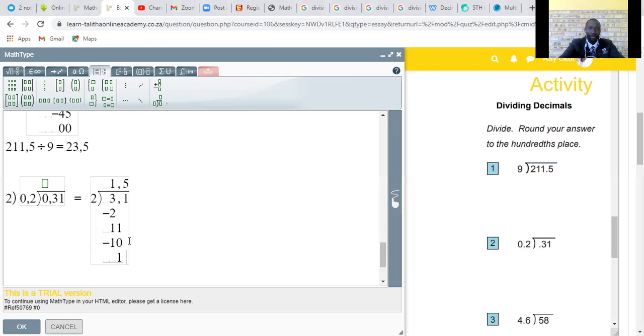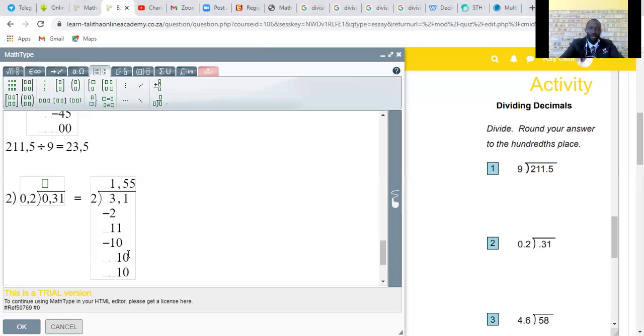Okay. Now the next thing here is, since we already have a decimal point here, we just pull down a 0. Then we check the number of times 2 will go into 10. That will be 5 times, because 5 times 2 is 10.